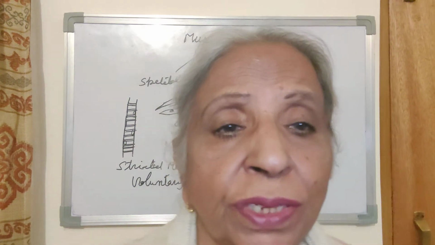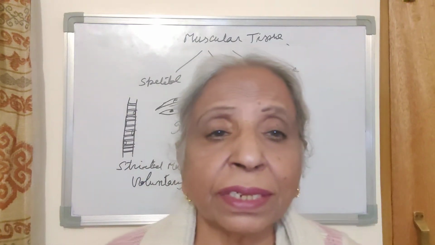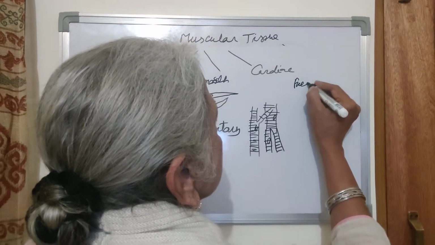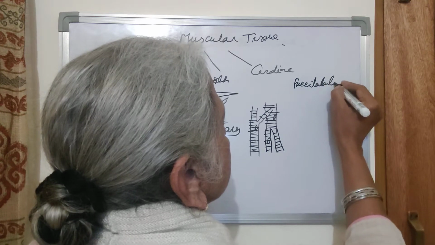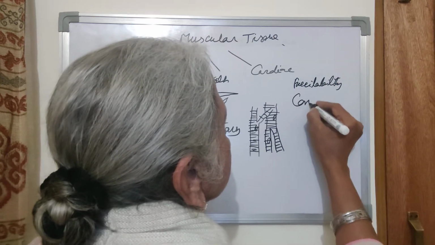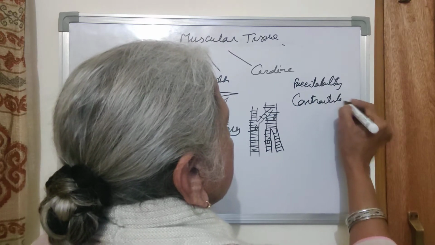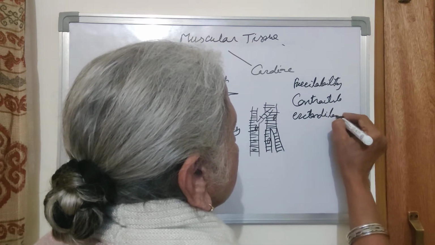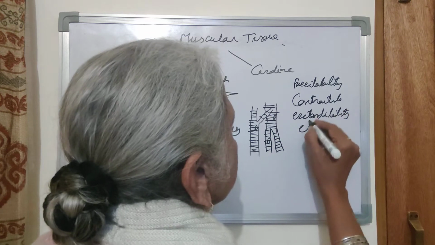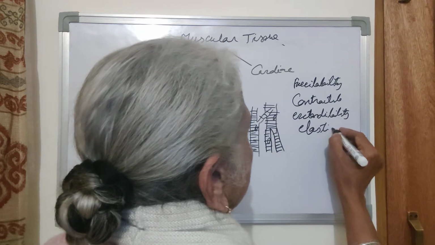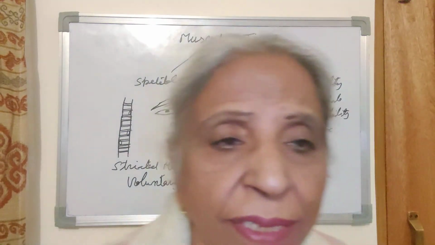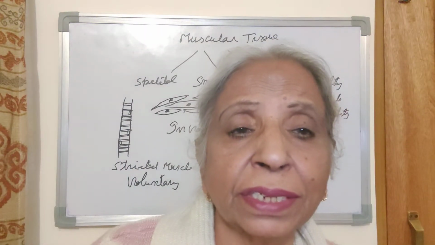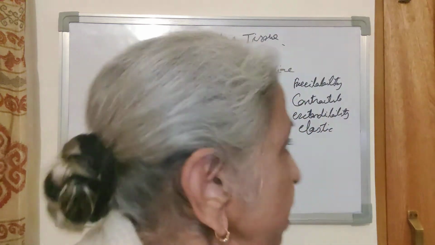So what are the characteristics of muscle? Muscle has four properties: excitability, contractility, extendability, and elasticity. Excitability means they respond to stimuli, they get excited.